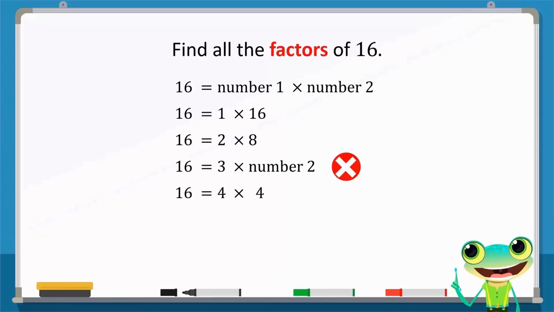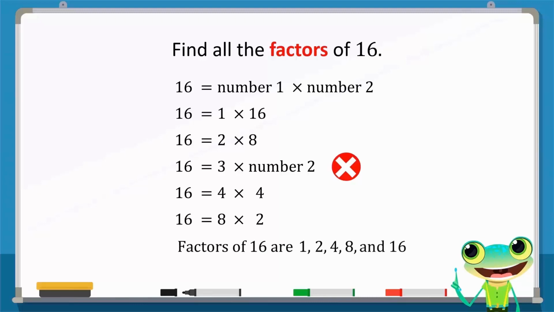Yes, it can be written as a product of 8 and 2. Hence, all the factors of 16 are 1, 2, 4, 8 and 16. Similarly, to find all the factors of a given number, divide the given number sequentially by 1, 2, 3, up to the number itself.